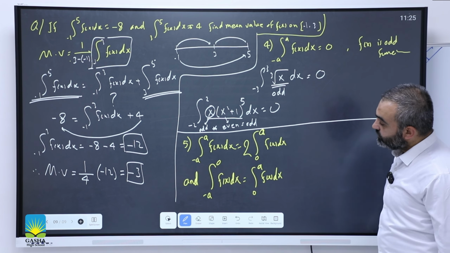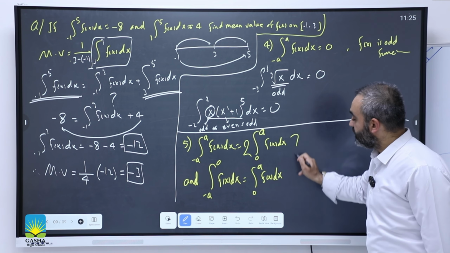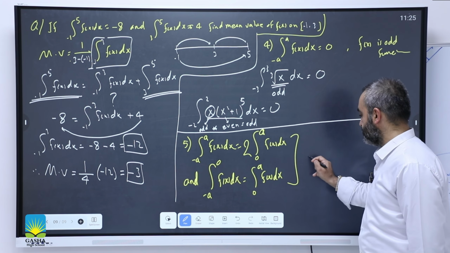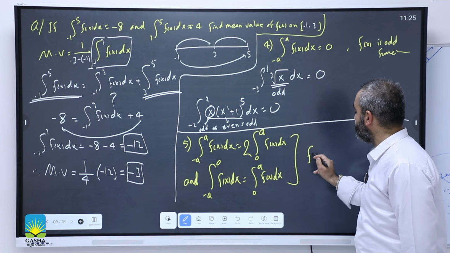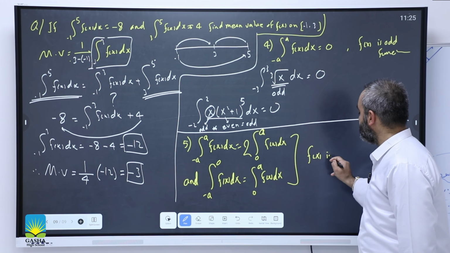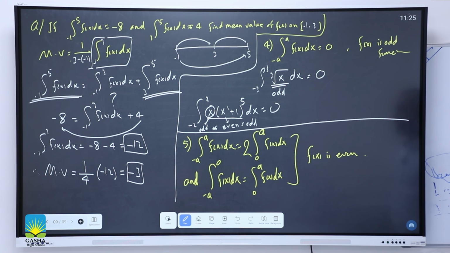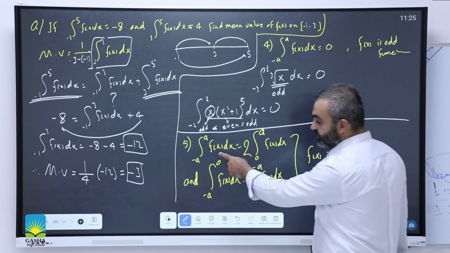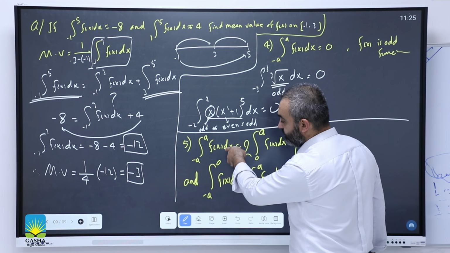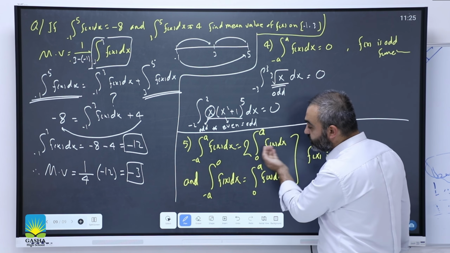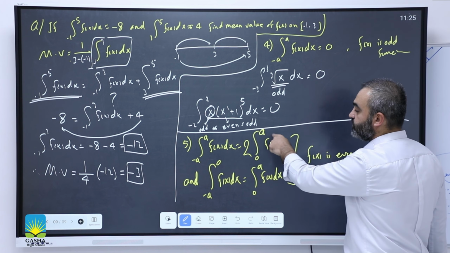We have two properties about even functions. So if f of x is even, right? We have two properties. The first property, negative a to a of f of x dx equals 2 times 0 to a.